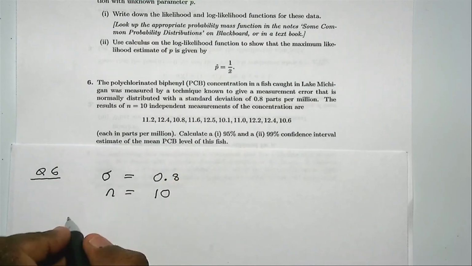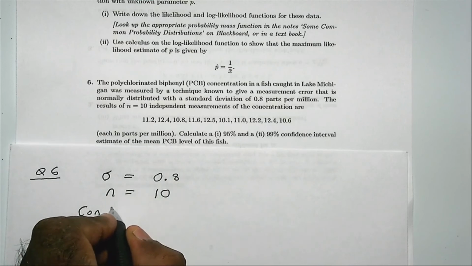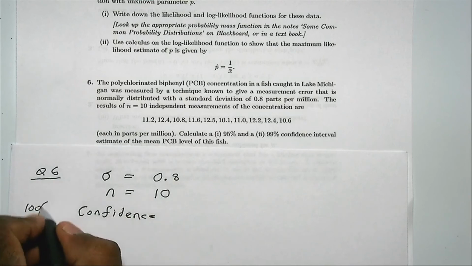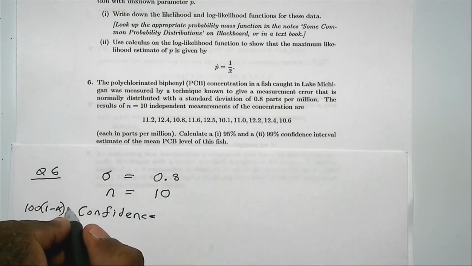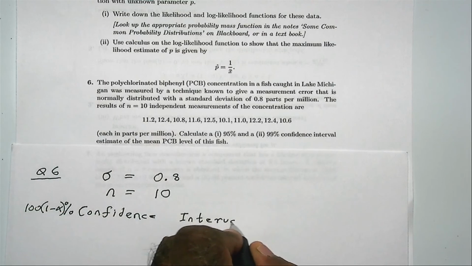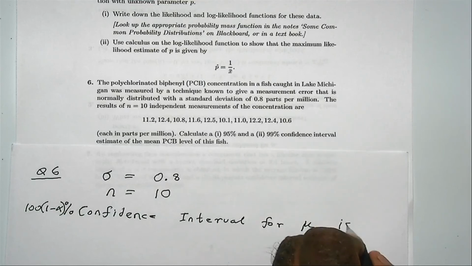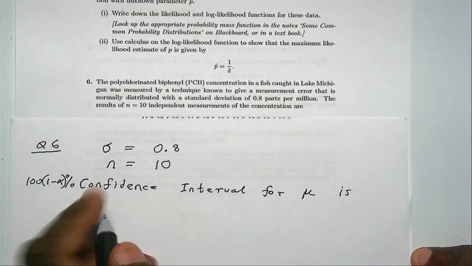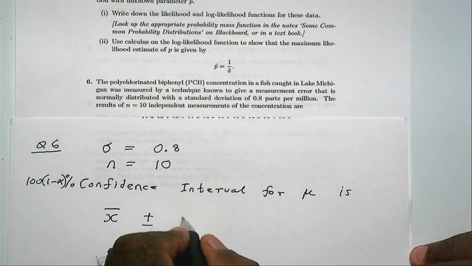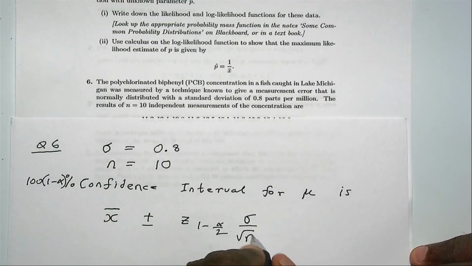So under these conditions, this is the notation I had used: the 100 times 1 minus alpha percent confidence interval for mu, the population mean, is x bar, the sample mean, plus or minus this term.